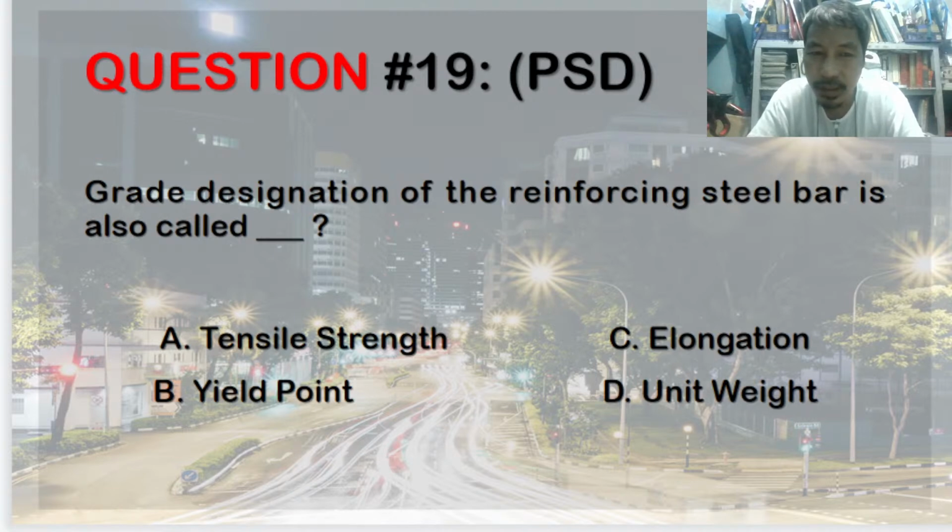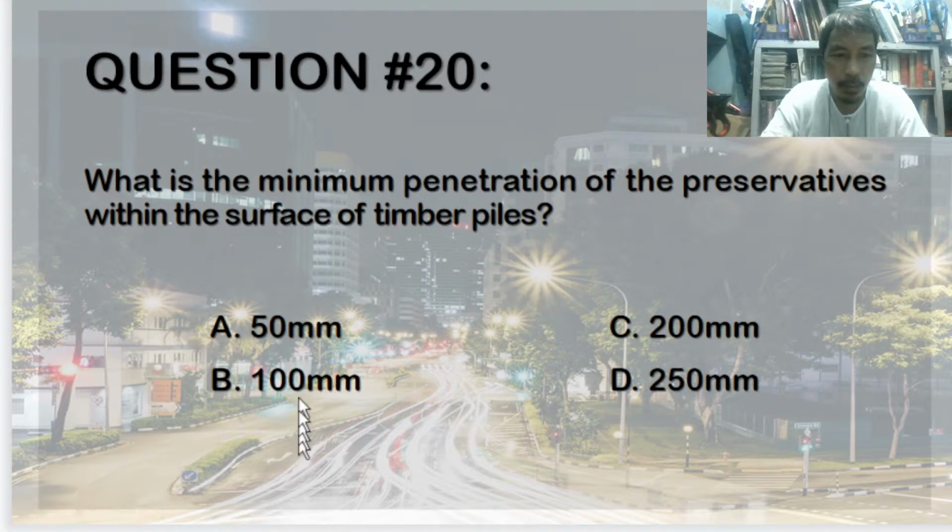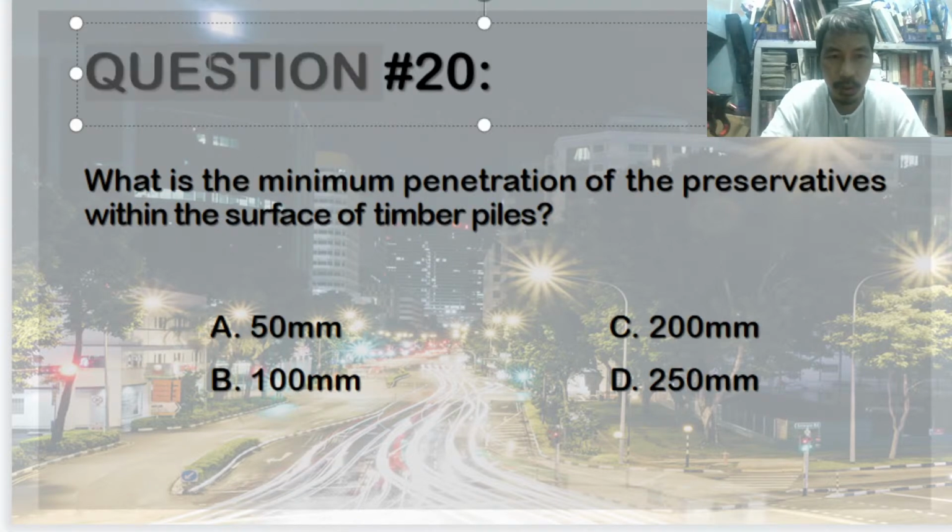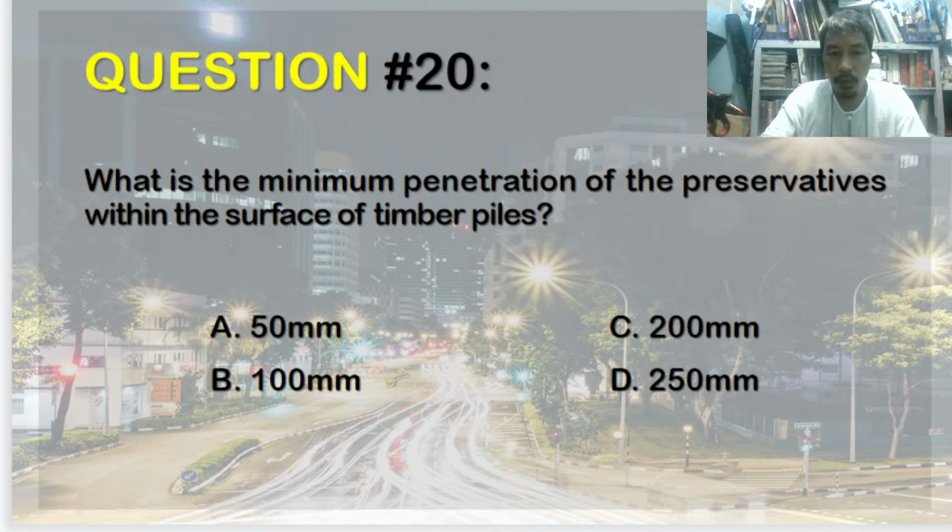That is yield point. We already know that. I already lectured about that in our subject. Okay, you have to answer this as question number 2 for the second batch of questions. I will not give an answer.